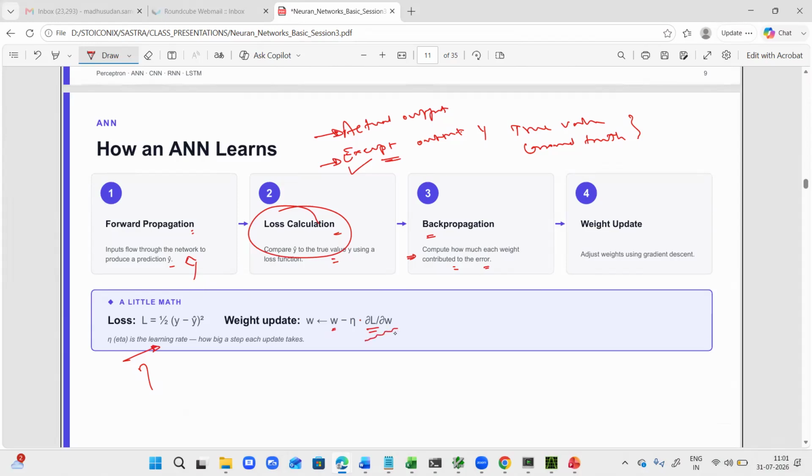Then the value is taken and you update the weights, then run the whole process again, step 1 to step 4, look at the loss, and update the weights until your actual output matches the expected output. Once that's done, you have your finalized weights.